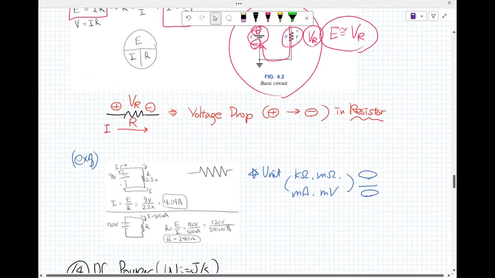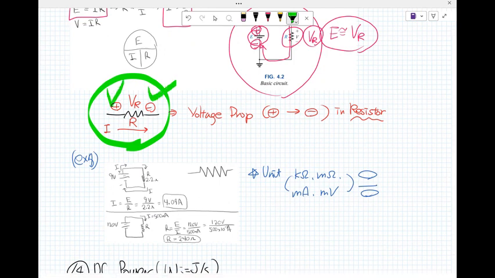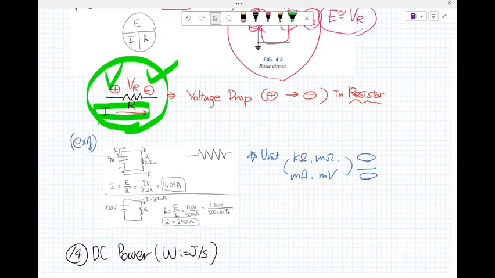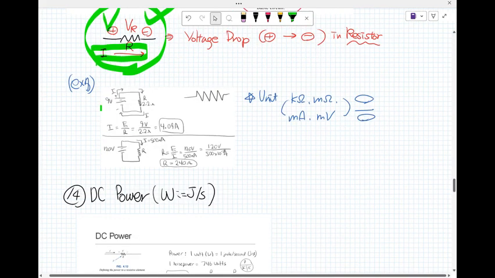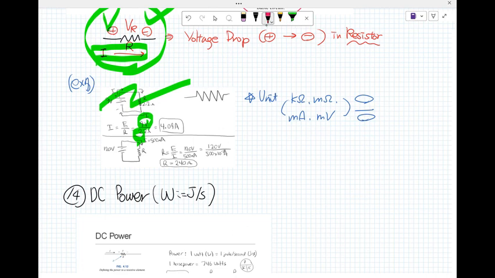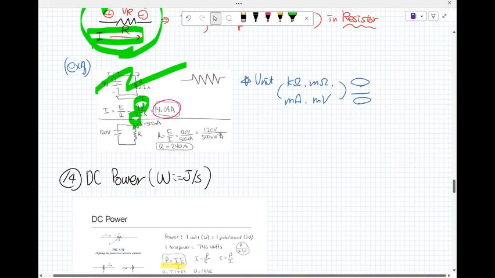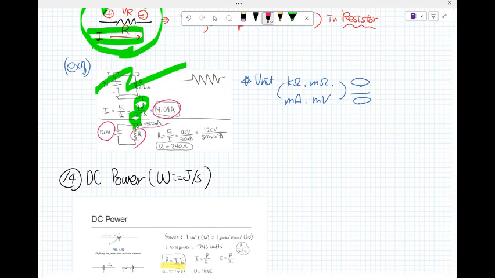We learned before that through the resistor, the current flows from the plus to the minus, from the high potential to the low potential. This is very important.